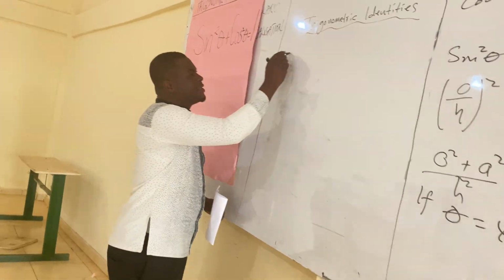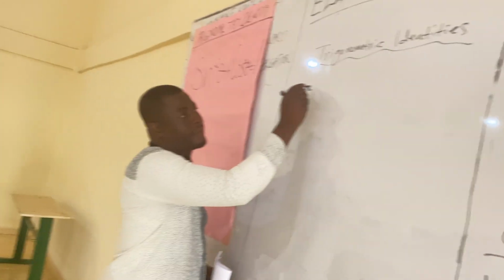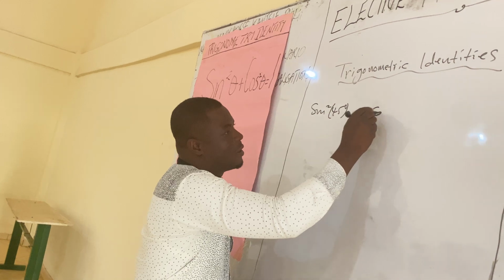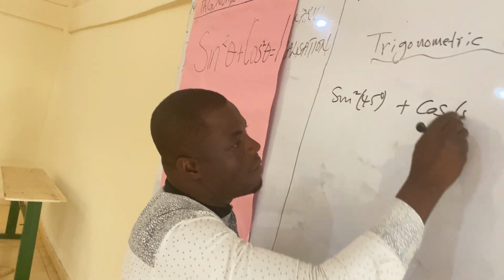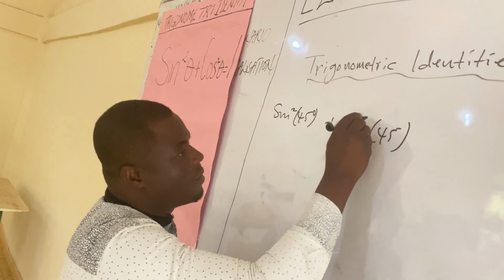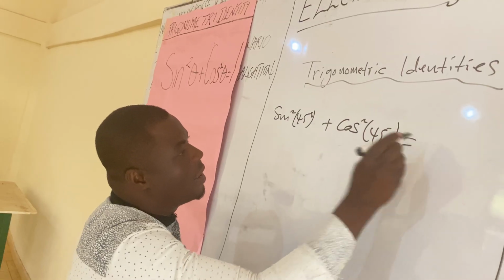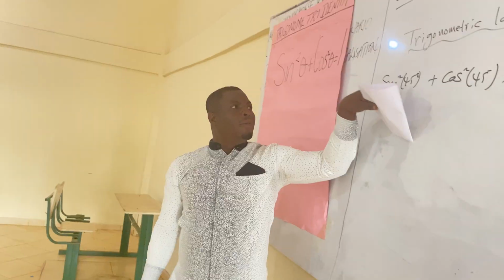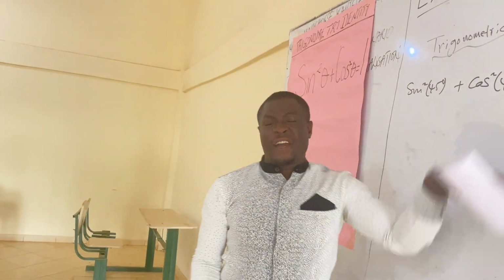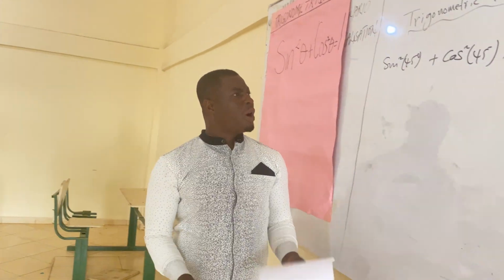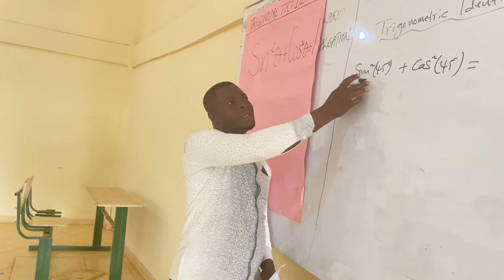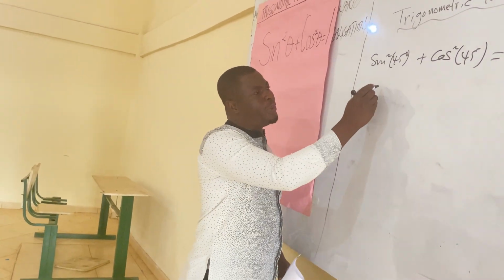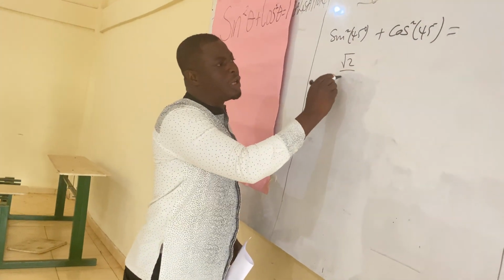So if you have sine square 45 degrees and cos square 45 degrees, if you key in sine 45, the result that you are going to get will be root 2 on 2.